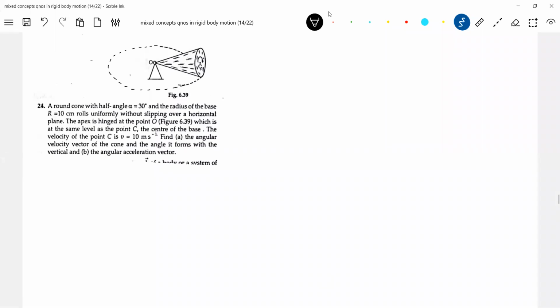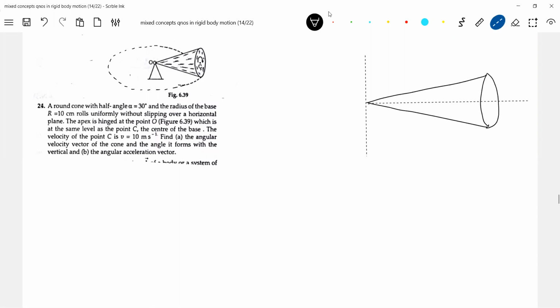Read carefully. This is two-dimensional motion, rigid body motion in 2 dimensions, what we are discussing. I'll construct the diagram. Meanwhile, you put in effort. There's a cone.